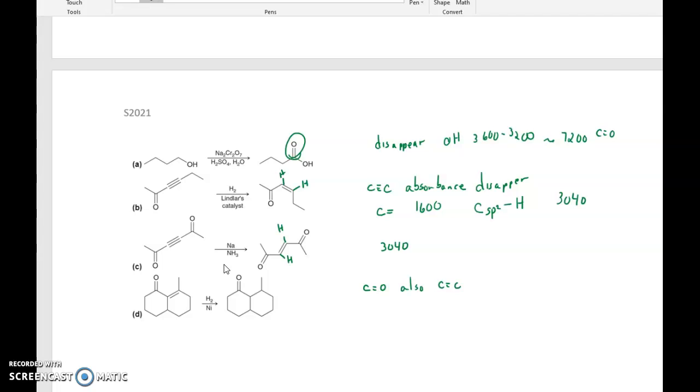And we would expect in the reactant for this to be conjugated, and so it's a little lower than the 1720. We'd expect this one to absorb at 1720.